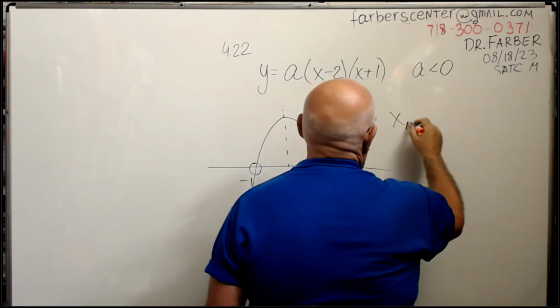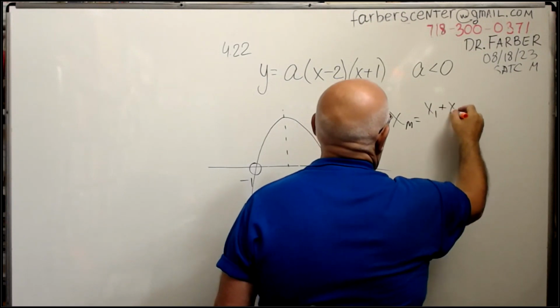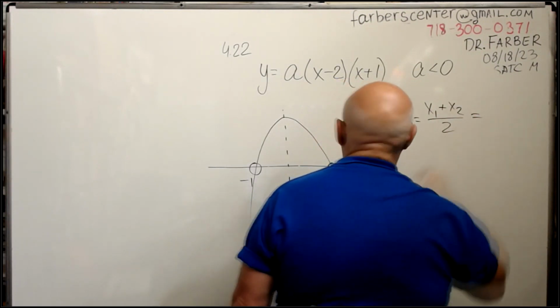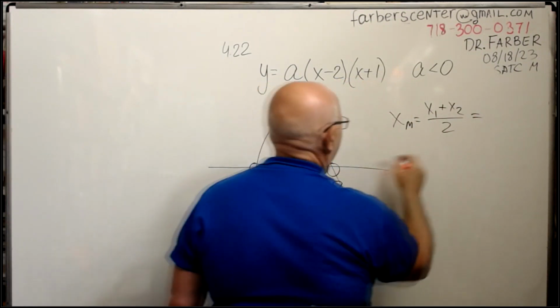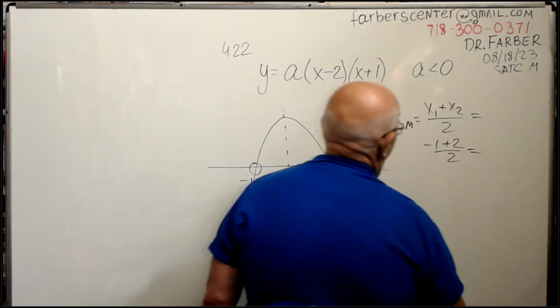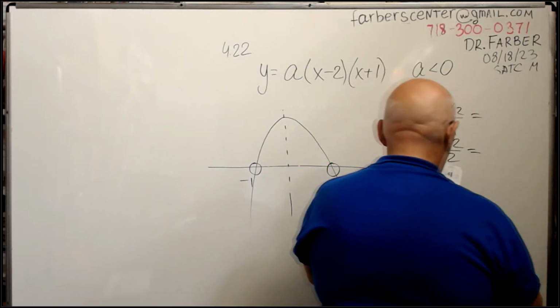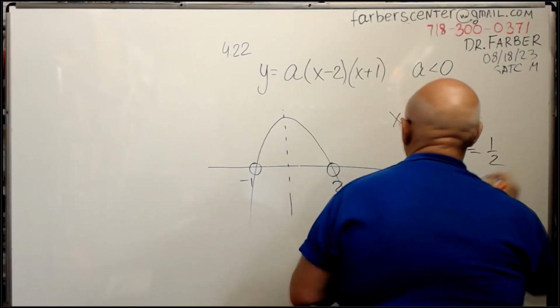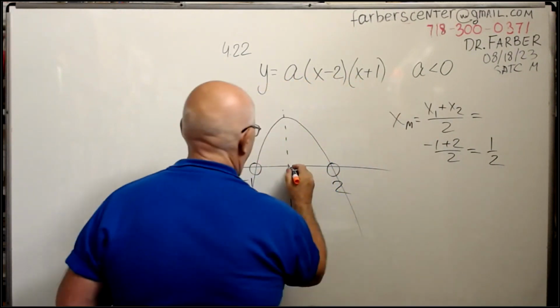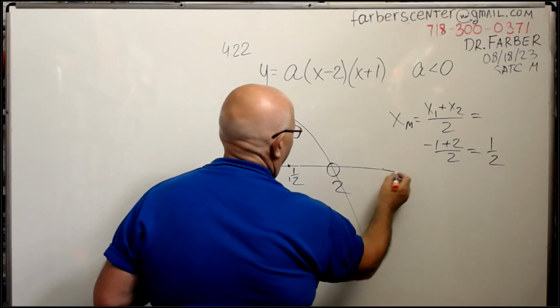XM again, this formula. X1 plus X2 divided by 2. Or negative 1 plus 2 over 2, which is 1 over 2, right? This is my vertex. This is 1 over 2.